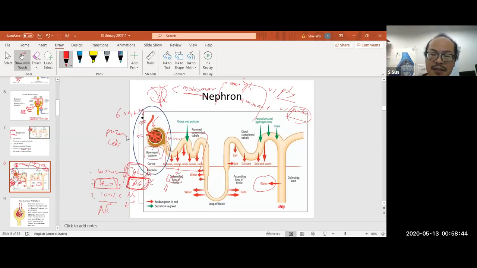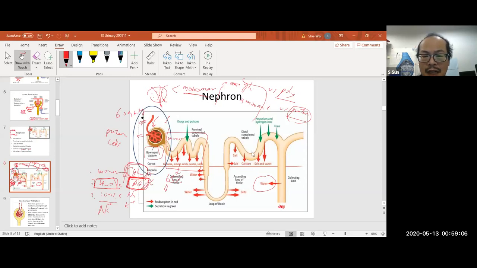But the concept you need to have is filtration, filter everything small. Reabsorption in the proximal does the major work. Glucose, amino acids, 100% reabsorption. Then water and salt, 65%.